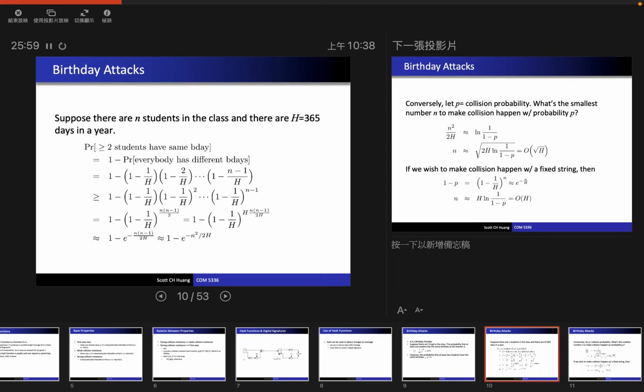So actually, this corresponds to this case. Because of this minus sign, this e on the right becomes 1 over e. So that's this case.